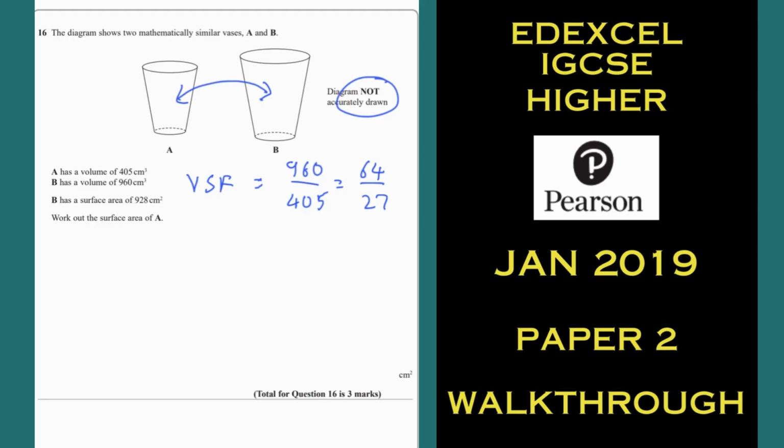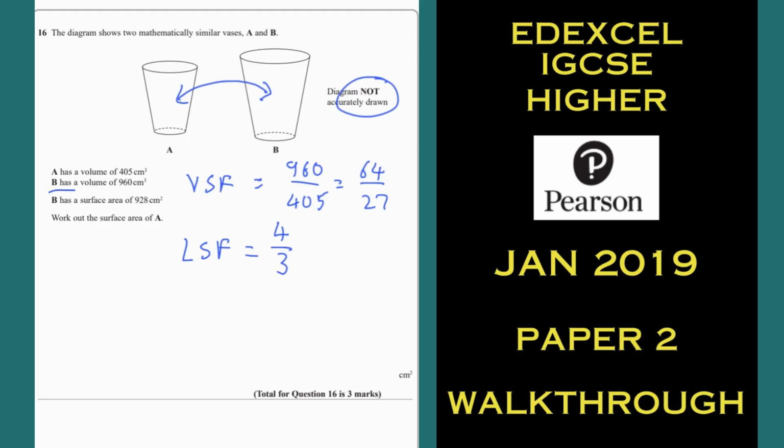Because the key to this question is the knowledge that if you know the volume scale factor, that's the three-dimensional scale factor, you can cube root it to find the linear scale factor. In other words, cube root the top, cube root the bottom.